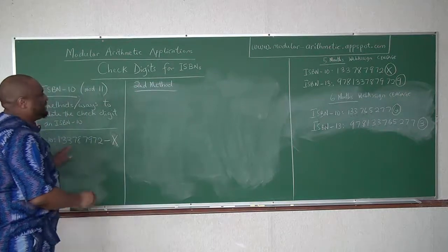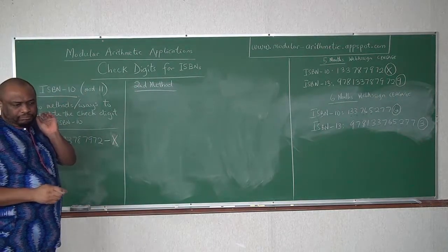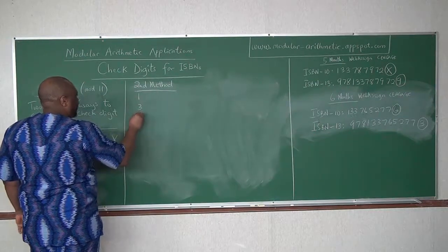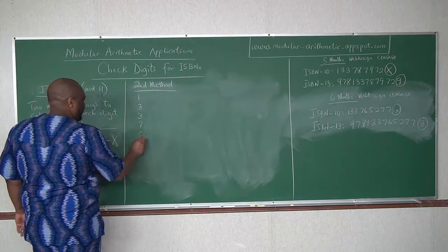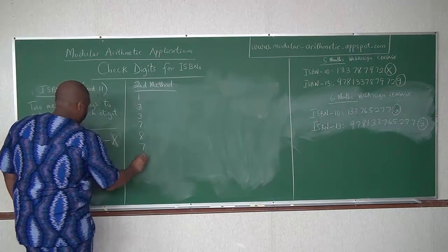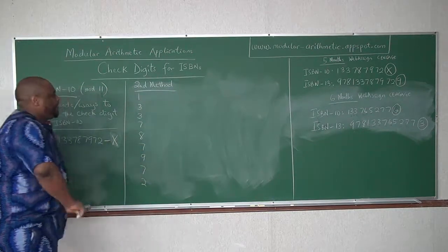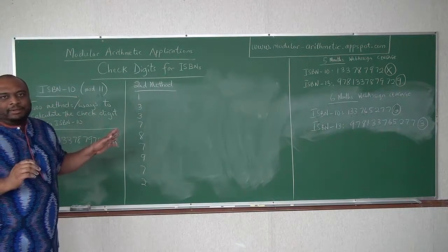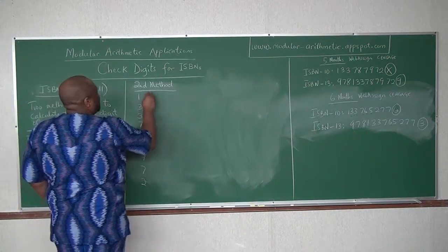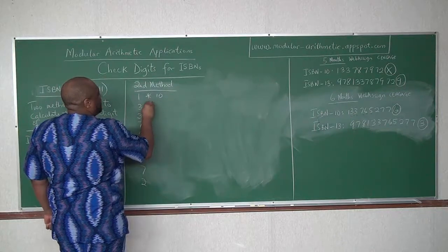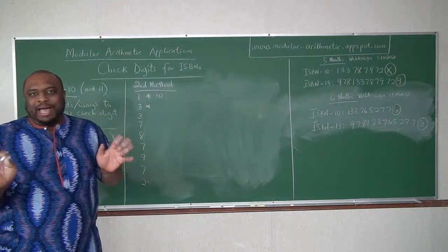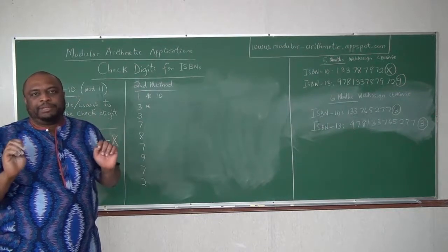So with the second method, write the whole thing again: 1, 3, 3, 7, 8, 7, 9, 7, 2. But in this case, we're going to multiply starting from times 10, because 0 through 10 are allowed for mod 11.